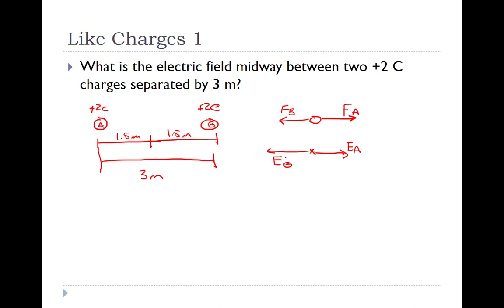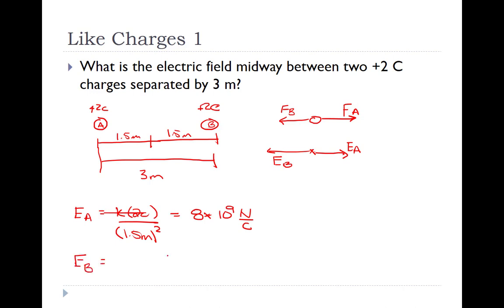Now you can probably see where this is going already, but just to put it all in place, the field from charge A is going to be K times 2 coulombs divided by 1.5 meters squared, which has a value of 8 times 10 to the 9th newtons per coulomb.